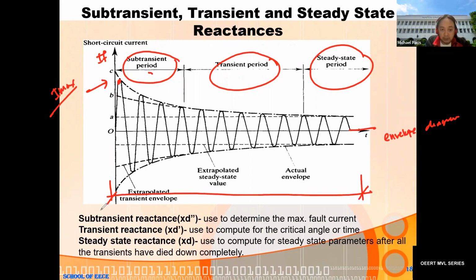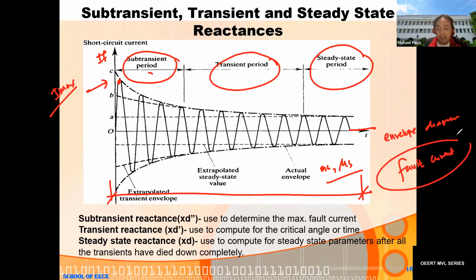This abscissa here, your x-axis, naka-millisecond yan or microsecond, depends on your x-axis. Kasi in terms of time, mabilis yan eh. Kaya nga fault current, tandaan po ninyo, wala pang nakakakita ng fault curve. You compute it.